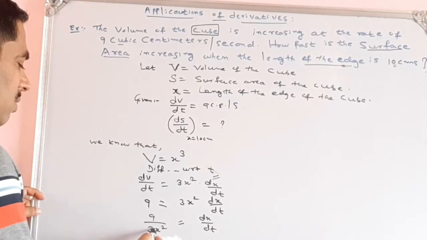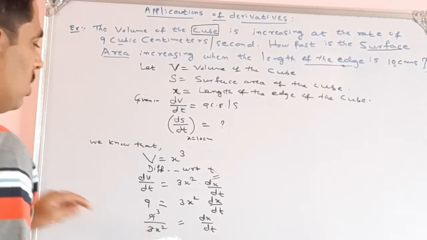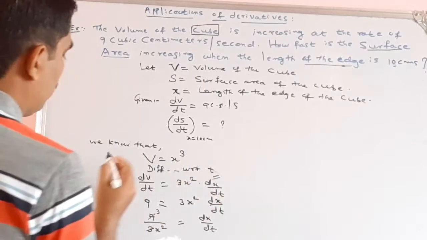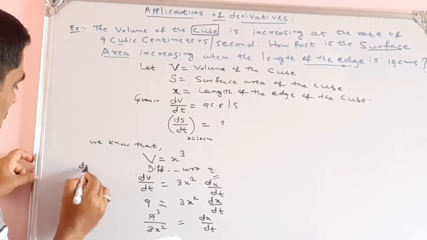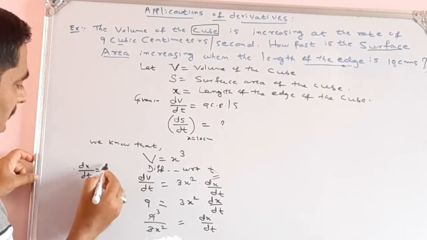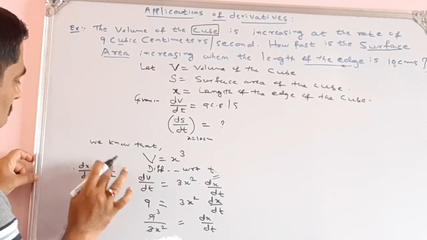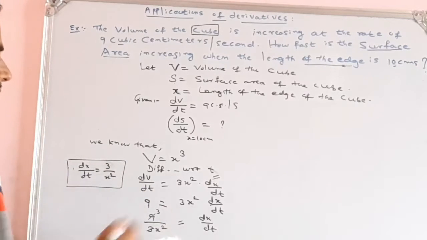If I cancel, I get dx by dt as 3 divided by x squared.